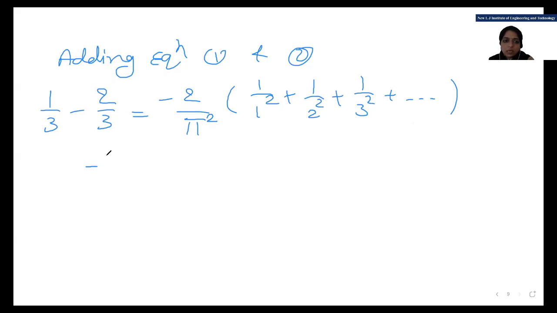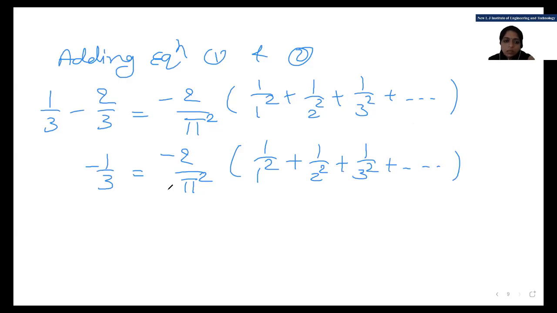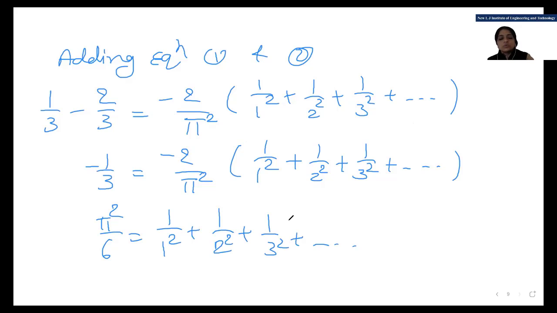After simplification, I have 1/3 minus 2 upon pi square, bracket kept the same, right? So after simplification, my answer is pi square by 6. That is 1 upon 1 square plus 1 upon 2 square plus 1 upon 3 square, like that. So this is the equation we wanted to prove.